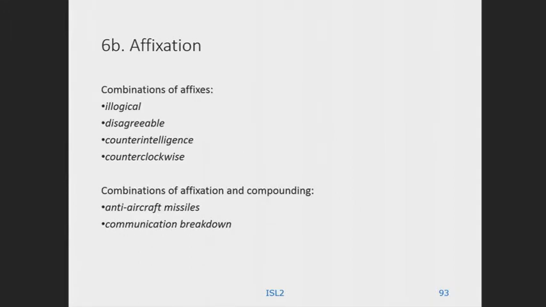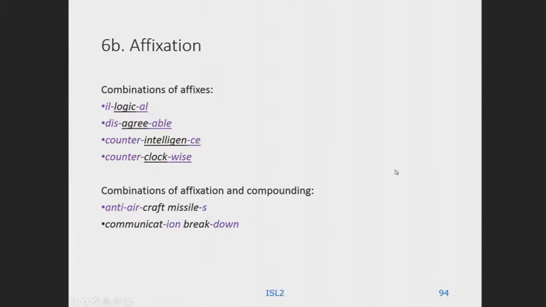Yeah, you can also combine affixes. We've already seen that when we talked about base, so we don't only have logical, but we also have illogical, right? So we have logic, to which we attach -al, which again forms the base for illogical, and so on and so forth. And we can also have both, right?